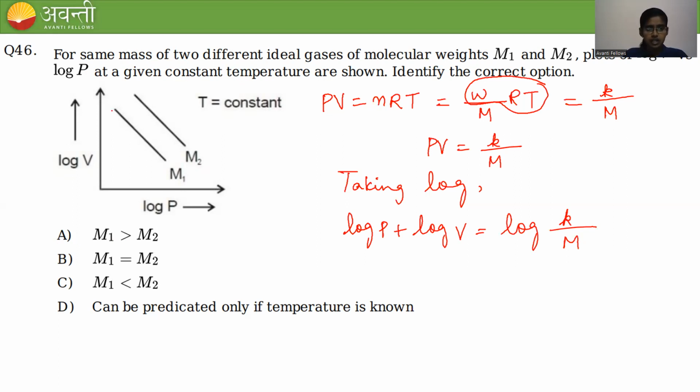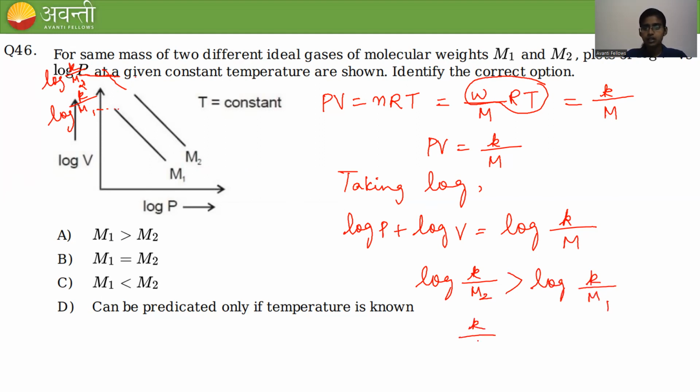You can see the log K by M value here. This is for M1, and for M2 it touches here. So you can see that log K by M2 is greater than log of K by M1, which is nothing but K by M2 greater than K by M1.